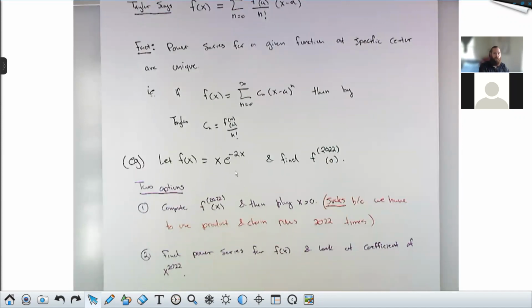We know that the coefficient of x to the 2022 will be of this form. And this piece right here would be f^(2022) of 0. This down here would be 2022 factorial. And this will be a number that we can get because we'll have a power series. So you'll be able to straight up solve for the derivative we want algebraically, rather than computing many, many, many derivatives.